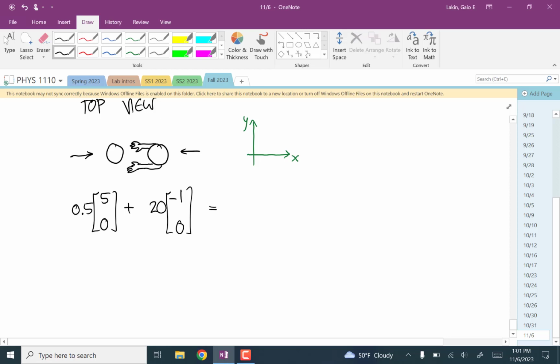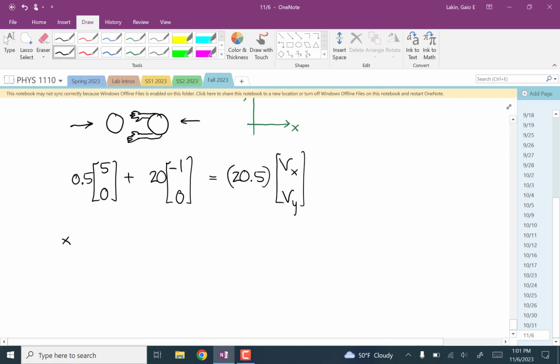And this is equal to the total mass. So if you add up the two masses, you get 20.5 times the velocity vector, x and y components. So the x equation says 2.5 minus 20 is equal to 20.5 Vx. And the y equation says 0 plus 0 is equal to 20.5 Vy.